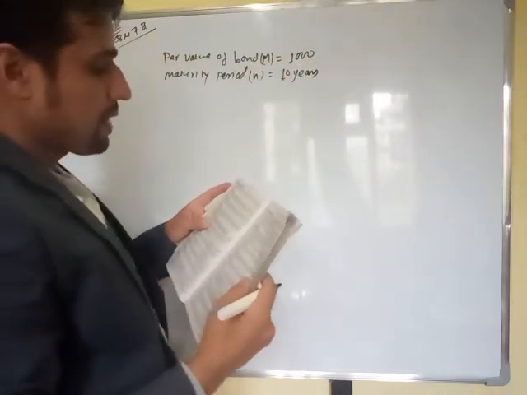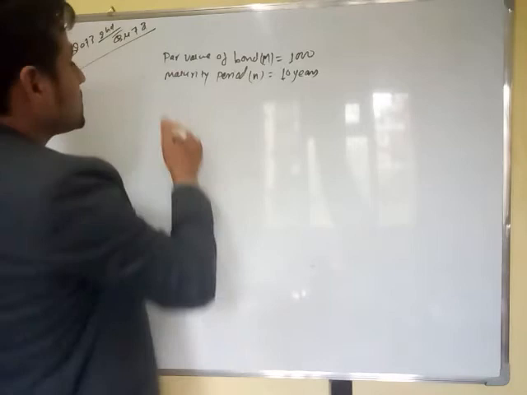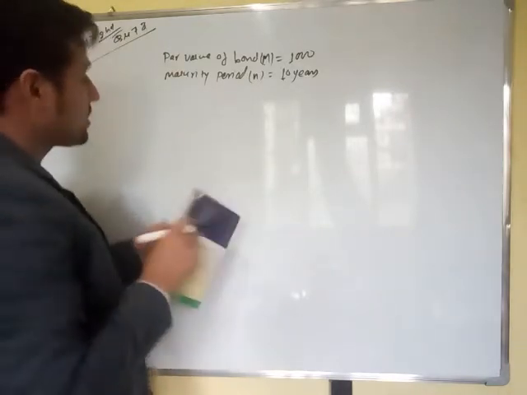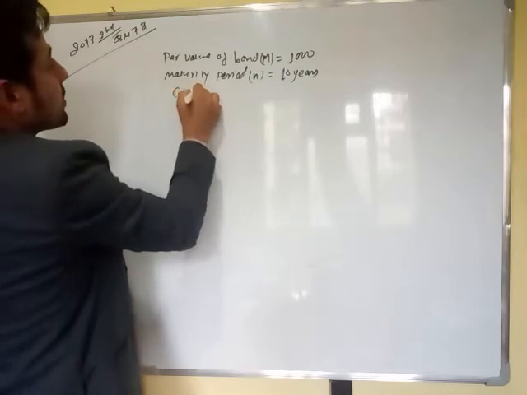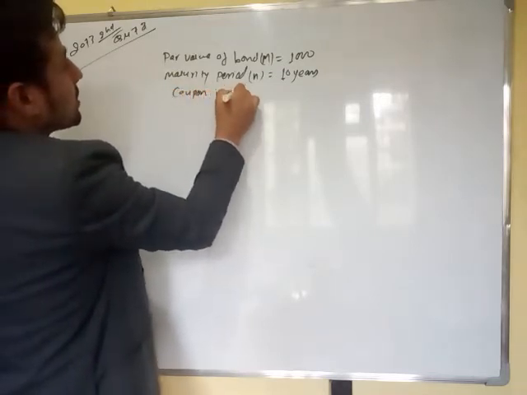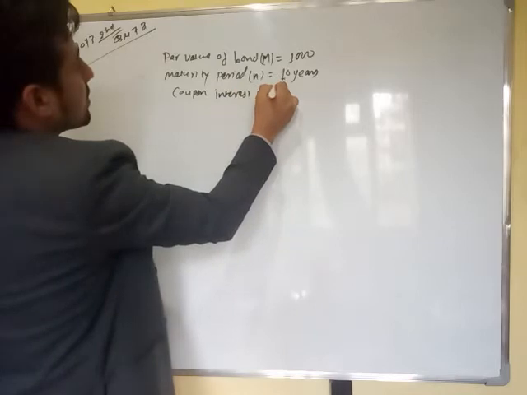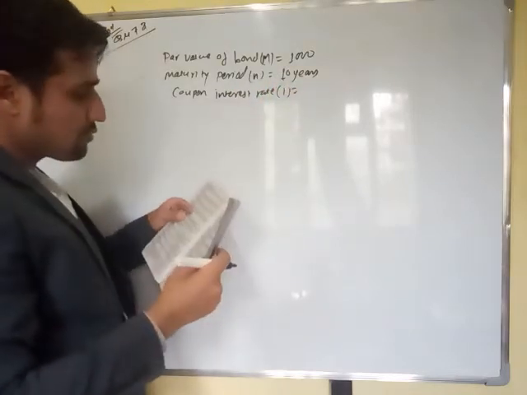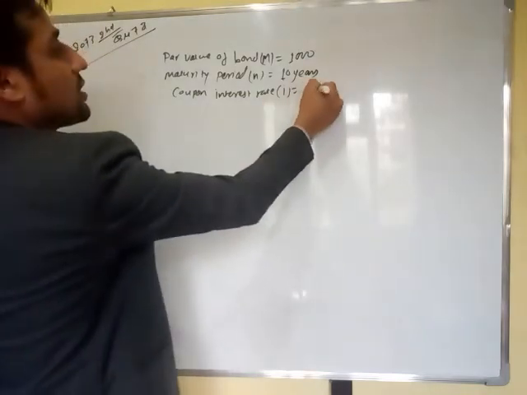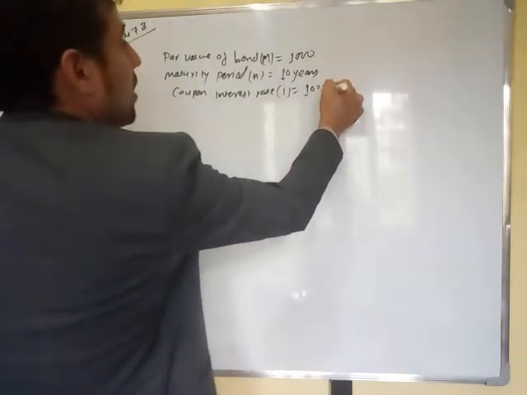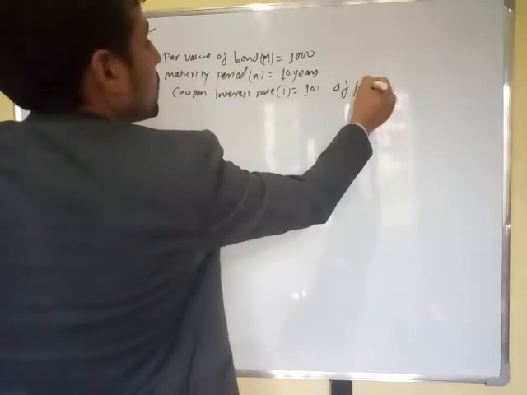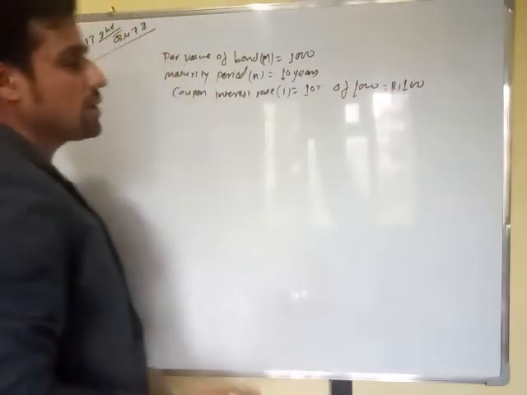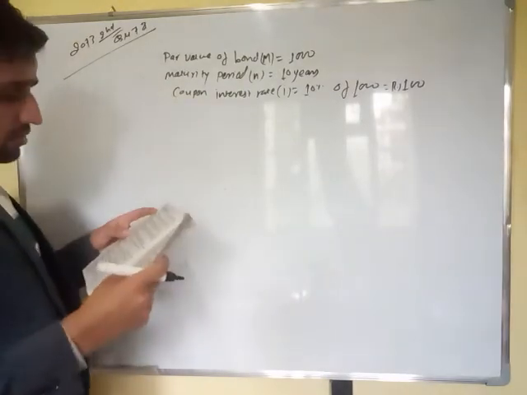Next, the market interest rate is 12%. Coupon interest I is equal to 10% of face value 1000, which is equal to 100 RS. That is the coupon interest or interest amount.